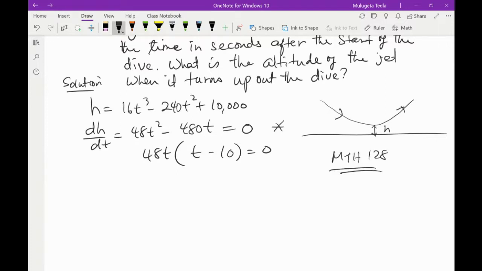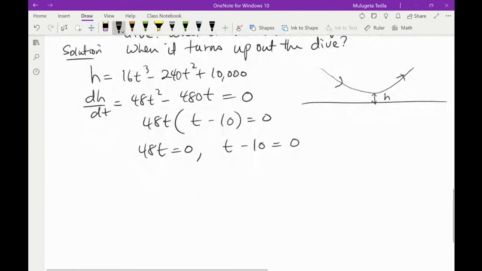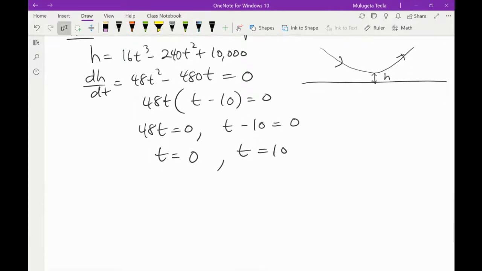Mostly quadratics and cubics are based on factoring, so I expect you have done factoring in 128. So t is a common factor, and 48 is also common. Two numbers multiplied to give 0: each should be set to 0 to explore all the possibilities of making the equation 0. So t equals 0, and t equals 10. The critical numbers are 0 and 10.